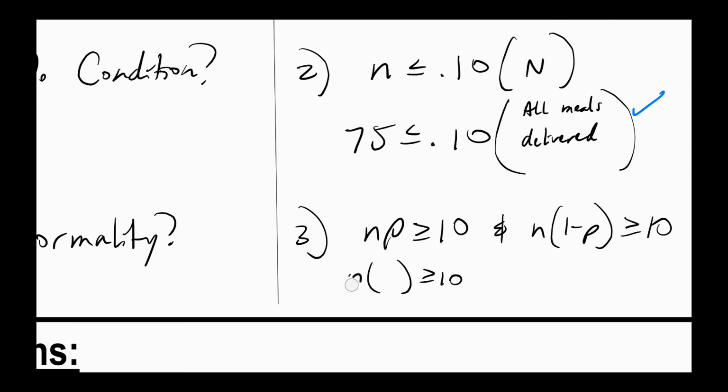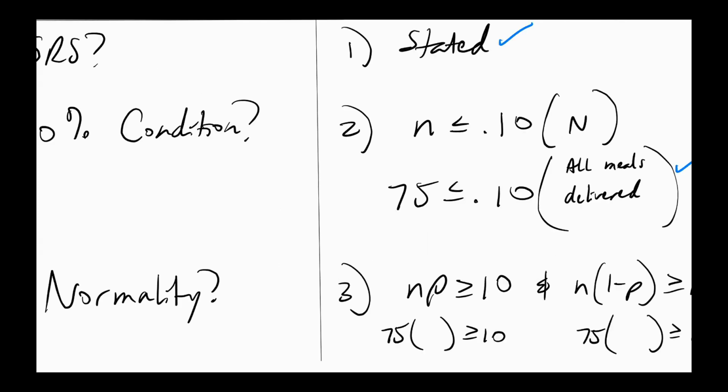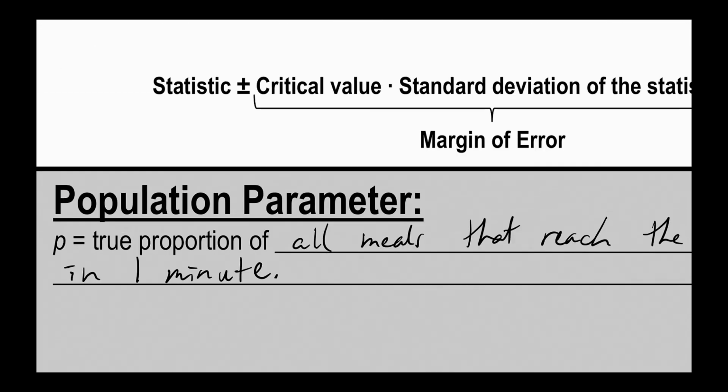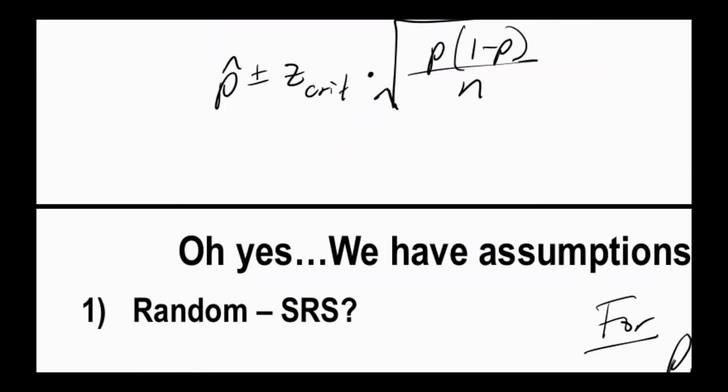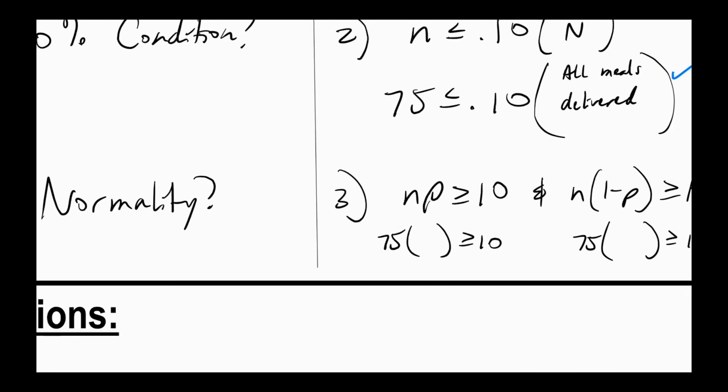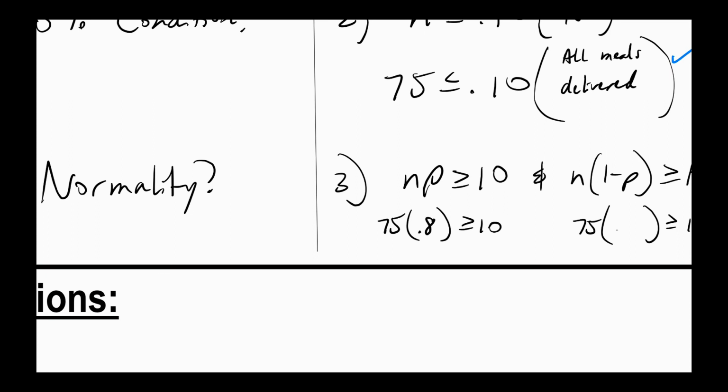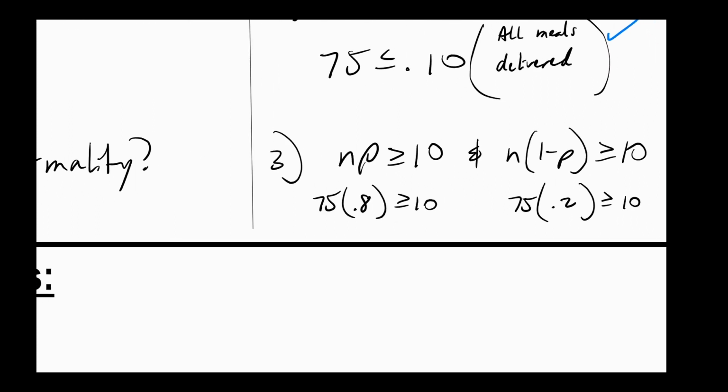So we have n is 75. p hat was 60 over 75, so let's change that to a decimal. 0.8. So 0.8 and then 0.2 over here.